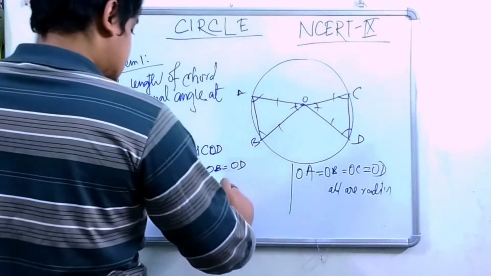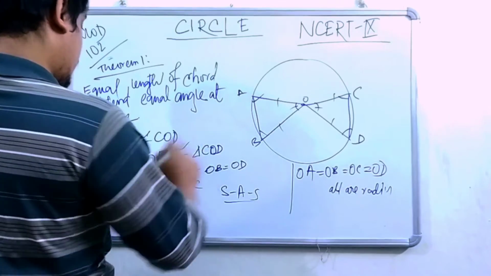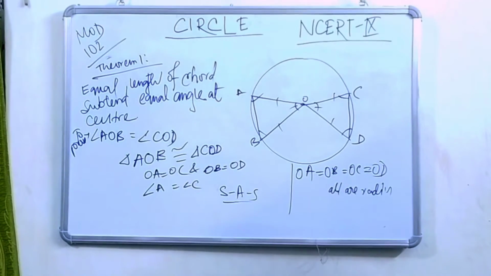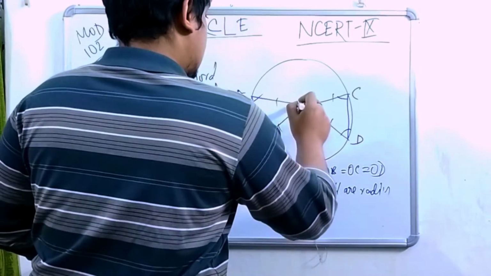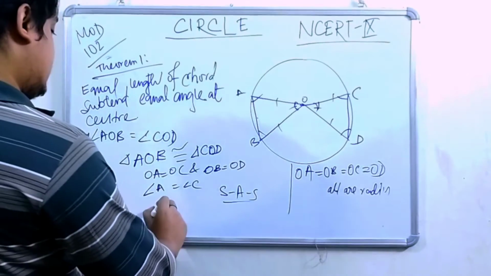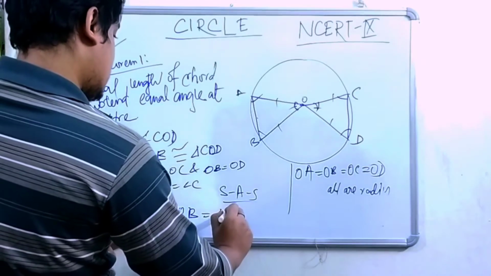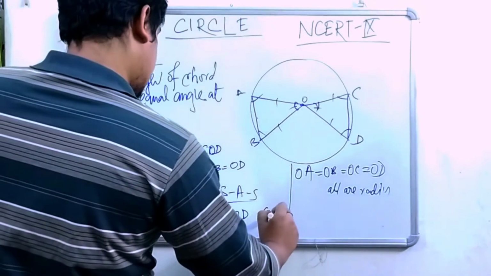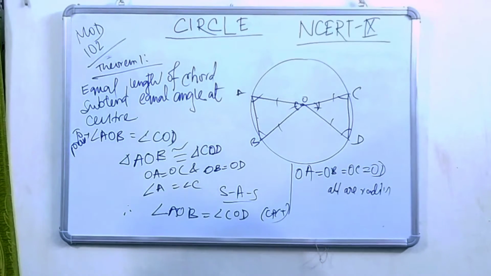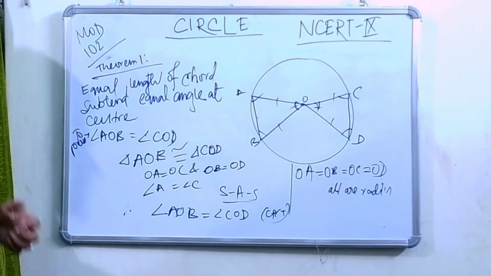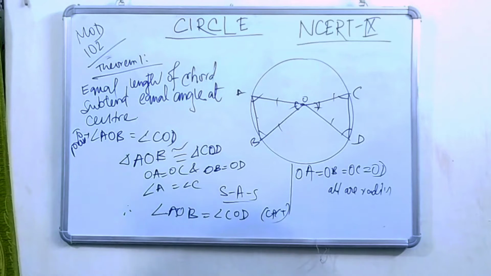So according to SSA or SAS, these two triangles AOB and COD will be congruent, and due to CPCT, we will say that angle AOB is equal to angle COD. CPCT is the corresponding parts of congruent triangles. Easy. The next theorem is a byproduct, the converse of this theorem. I will prove it again. Stay tuned.